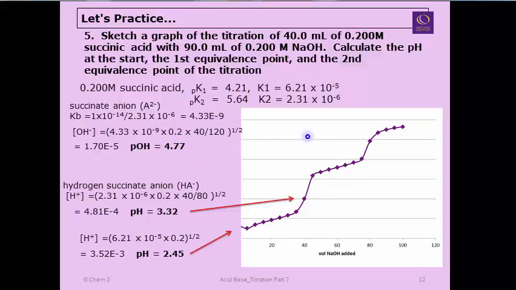But when I get to my second equivalence, remember, I had 40 mils of acid. It's diprotic. After 40 mils of base added, I've deprotonated once. After I add 80 mils, I've deprotonated twice. So if you sum up all the volumes at that point, it's 120. Find the hydroxide ion concentration, 1.7 e to the minus fifth. Solve for the pOH.